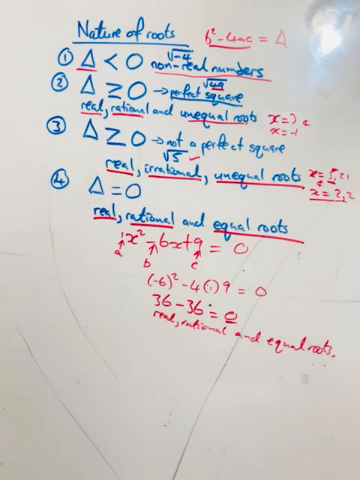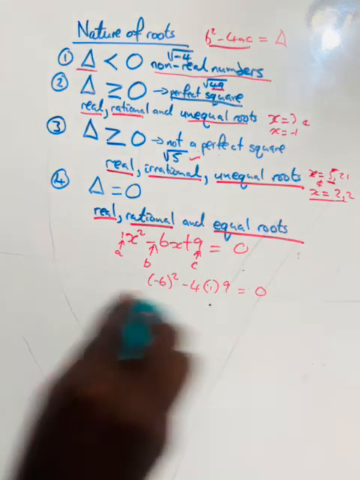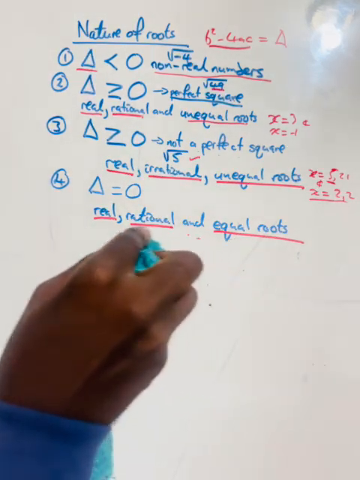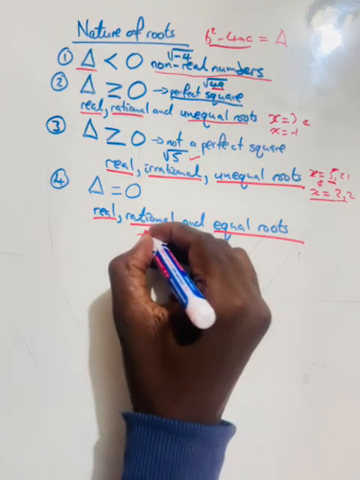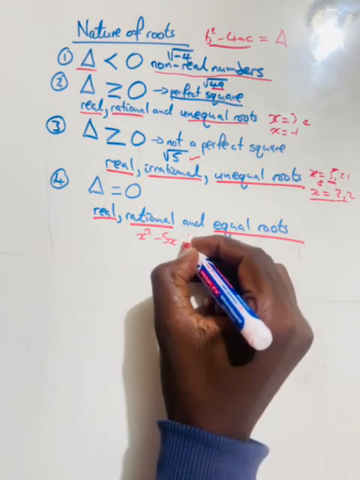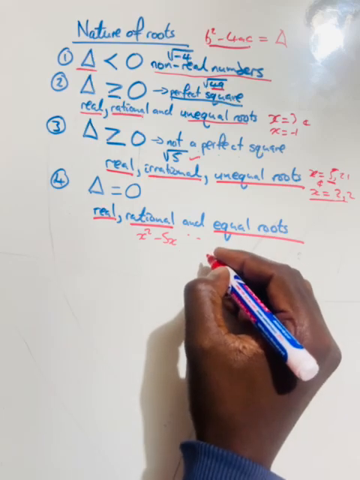Okay. Then we go to another equation. So this equation that we have here states x squared minus 5x minus 6. Let me just erase here. So we've been provided with x squared minus 5x plus 6.